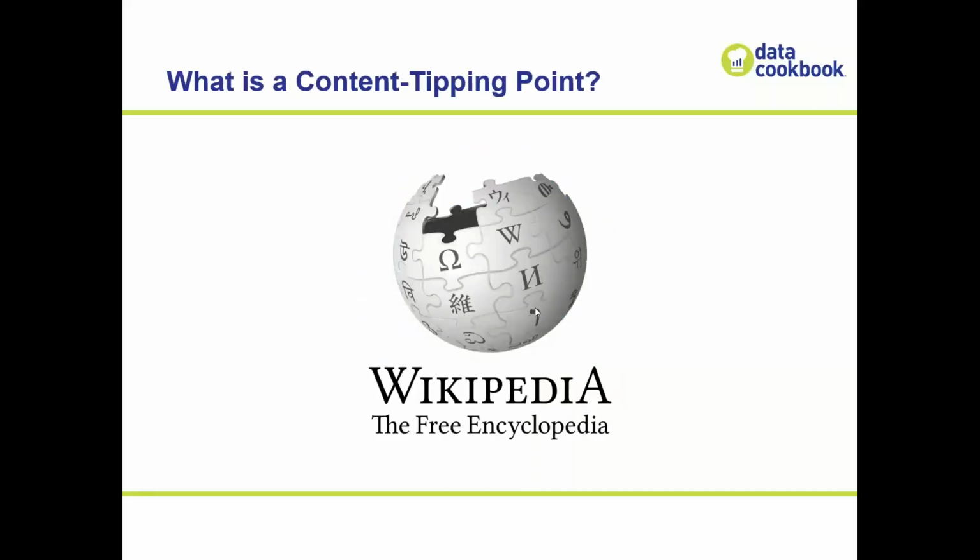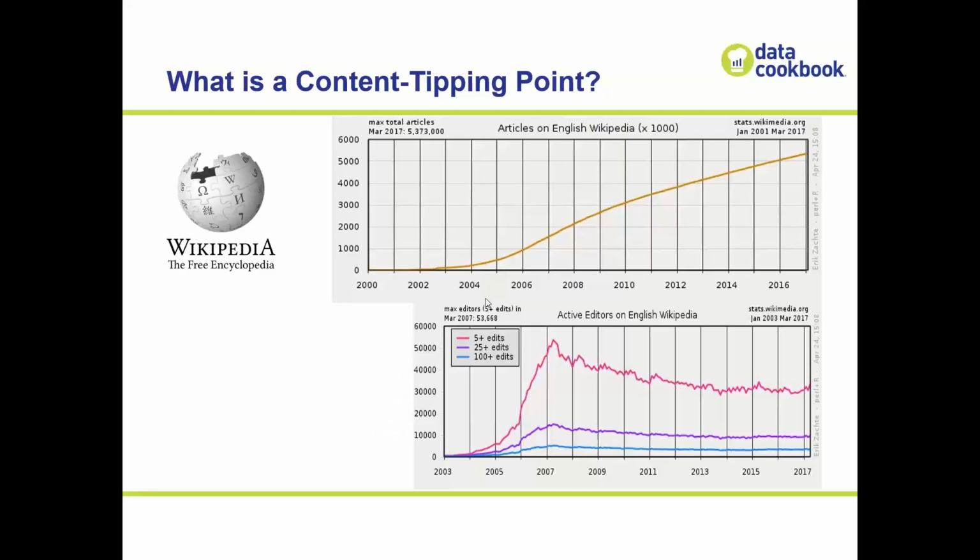The interesting example of this is Wikipedia. This is a bit dated now because Wikipedia has been around forever. Now we've got ChatGPT and all this kind of stuff. But the concept with Wikipedia is that this is a huge user-driven set of articles. This shows the number of articles in Wikipedia, and this shows the number of editors in the system.